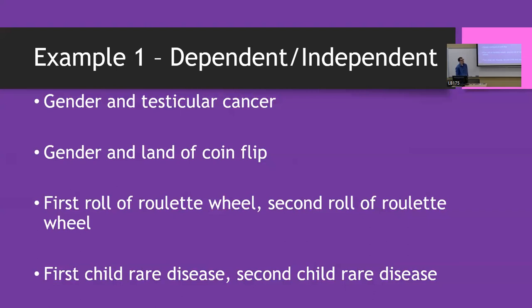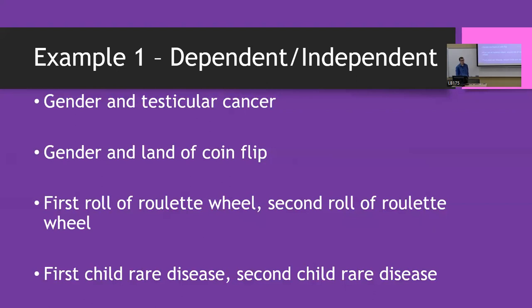How about this? If I have 50 people randomly selected in a room flipping a coin, if I know the gender of the person who's flipping the coin, am I more likely to guess whether that coin lands heads or tails? You should say no, right?